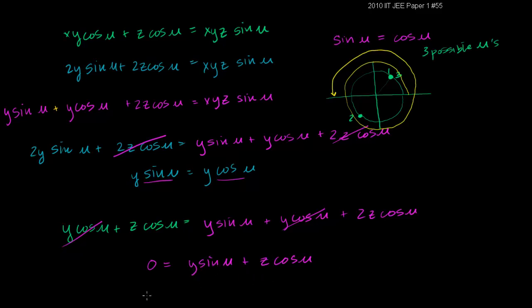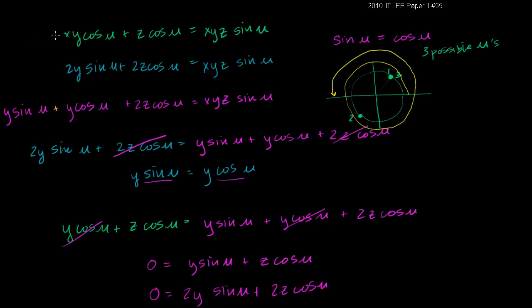That means that 2 times this is also going to be 0. So this is equal to 2y sine of u plus 2z cosine of u is equal to 0. The only reason why I multiplied it by 2 is because now this looks identical to this.